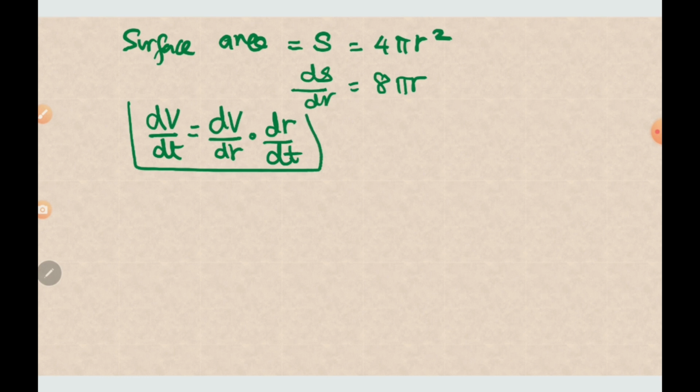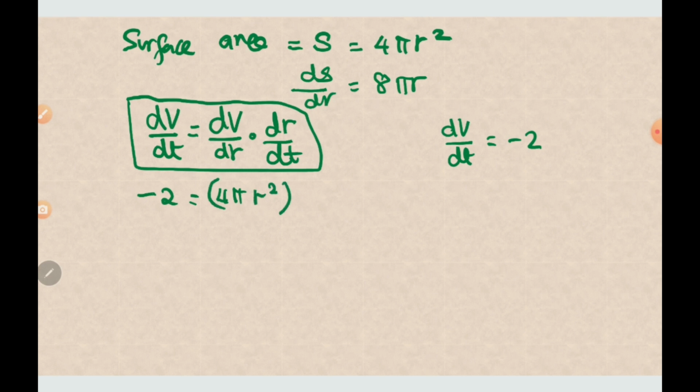This is the chain rule here. dV/dt is already given to you. dV/dt is equal to negative 2. I will substitute here negative 2. dV/dr, we already found the answer, that is 4 pi r squared.